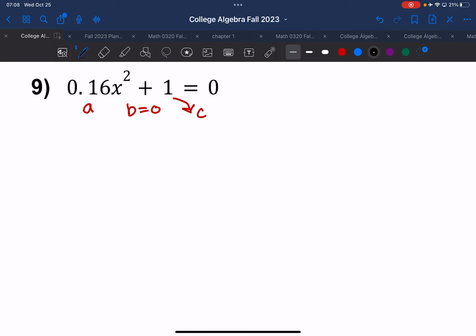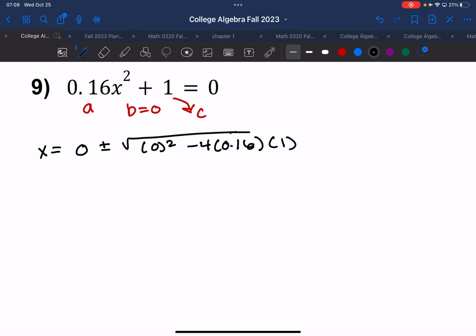So plugging this in, we have X is equal to negative B. So what would I write? 0 plus or minus the square root of B squared, so 0 squared, minus 4 times A, which is 0.16, times C, which is 1, all divided by 2 times A. So 2 times 0.16 is 0.32.